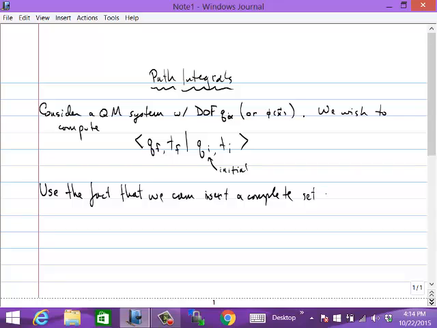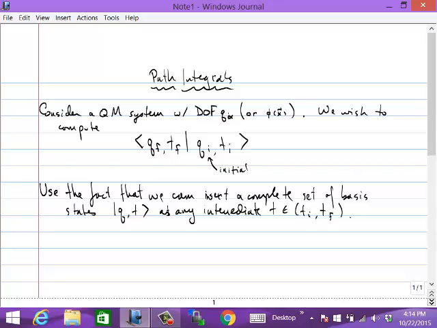So we're going to imagine inserting a complete set of basis states, we could call them, say, q_t, at some intermediate time, t, that's between t initial and t final.